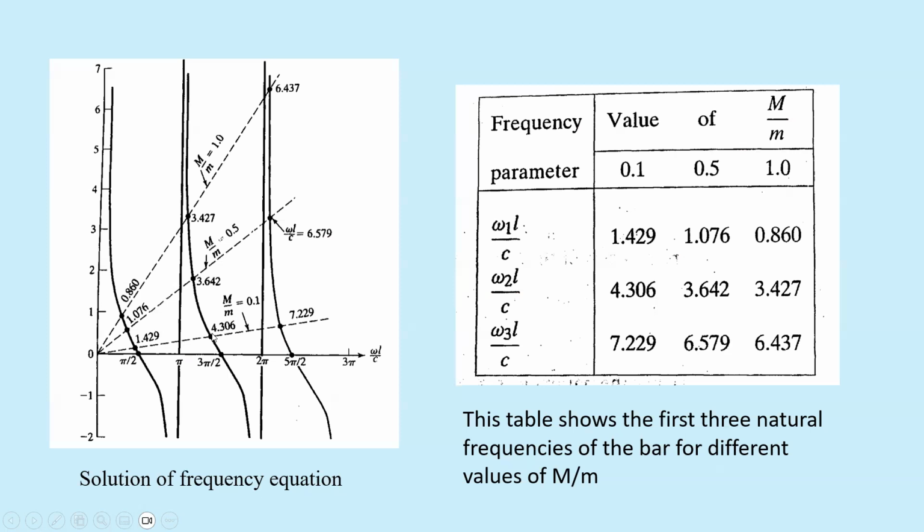The next one is 4.306, and the last one is 7.229. This table shows the first three natural frequencies of the bar for different ratios and different values of the mass of the object over the mass of the bar.